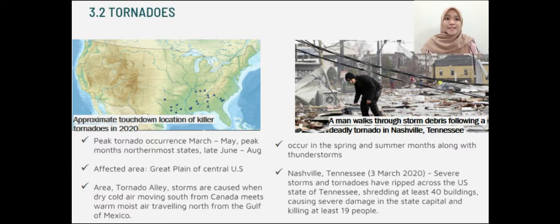As you can see in the slide, the left picture shows the approximate touchdown of killer tornadoes in 2020 on the world map, while the right side shows a picture of a deadly tornado in Nashville, Tennessee, which happened in the midst of COVID-19 last year. As a result, the tornado shredded at least 40 buildings, causing severe damage and killing almost 19 people.